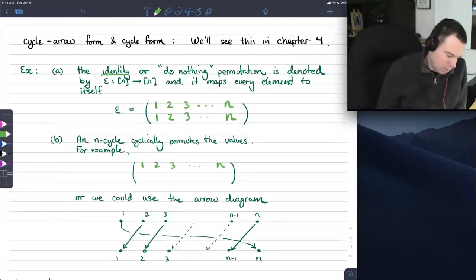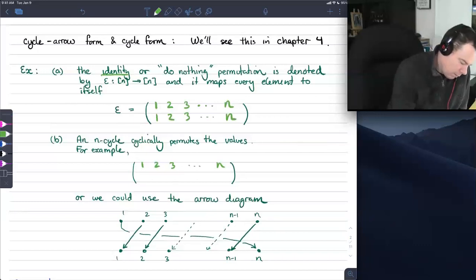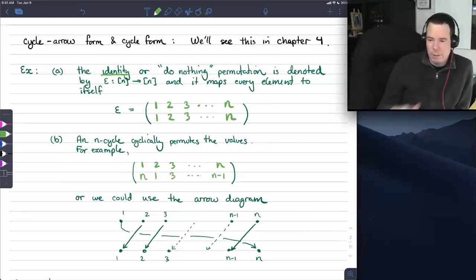For this one, we're just going to say that 1 goes to n, and then 2 goes to 1, 3 goes to 2, and so on, and n goes to n minus 1. So the picture's down there below in that 1 shifts off all the way to the right, and everything else drops back by 1. So this is what we call an n cycle.